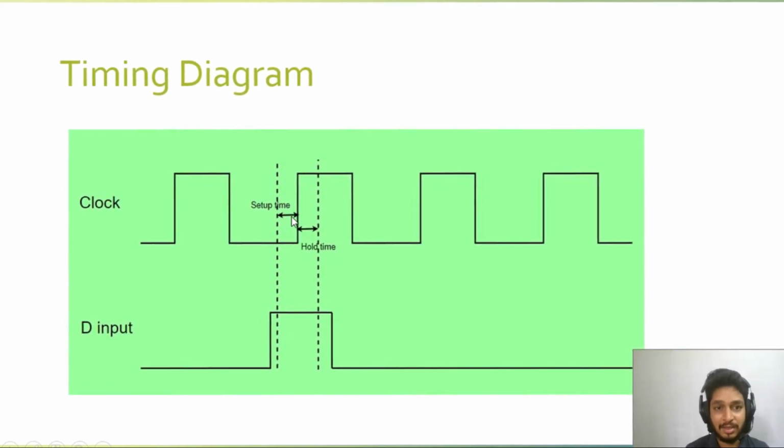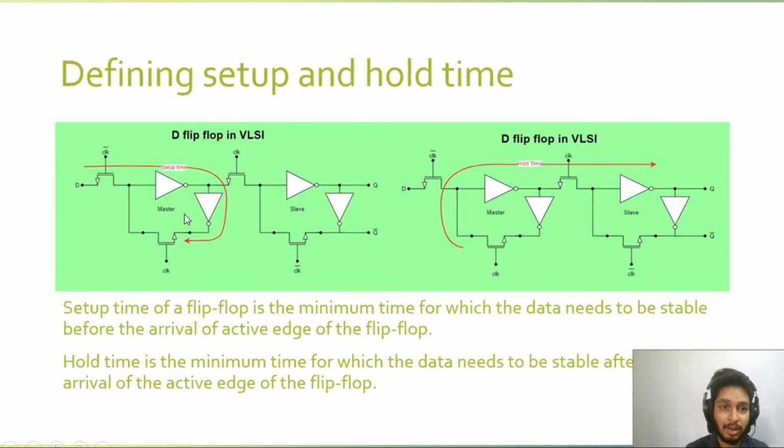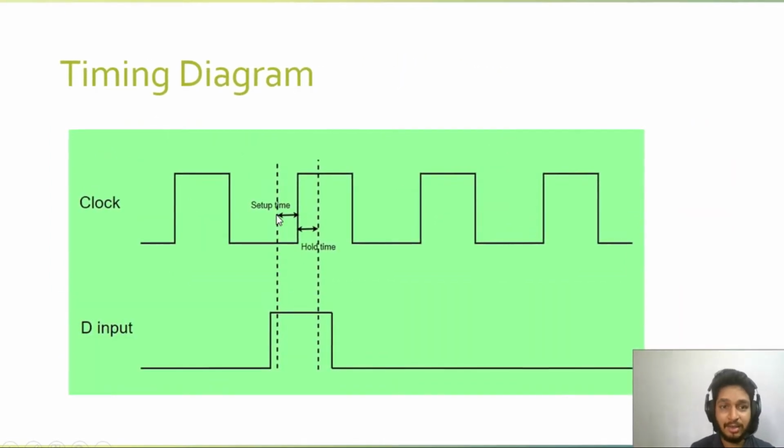If this is the setup time before the arrival of the clock, this is the next clock edge which is coming. Before the arrival of this clock, the data has to be stable at this flip-flop, at this point. So this much propagation delay has to be subtracted from one clock cycle to make sure that the setup time is met, right?